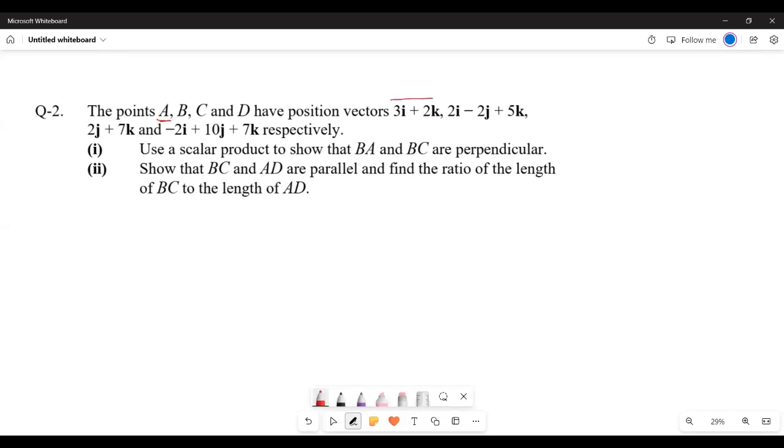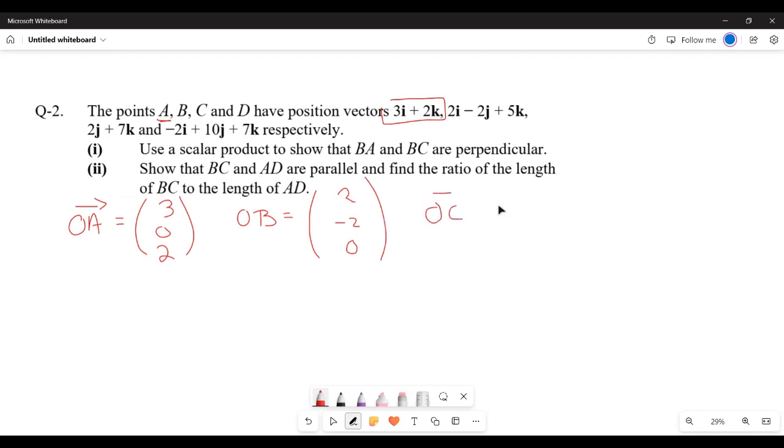OA is given as 3i plus 2k, so OA is 3, 0, 2. OB is 2, minus 2, and 0.